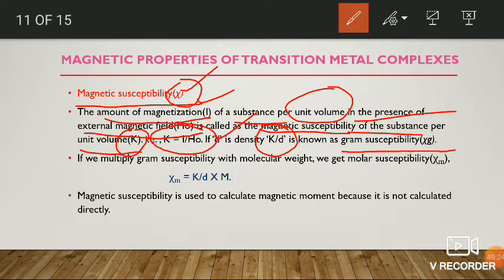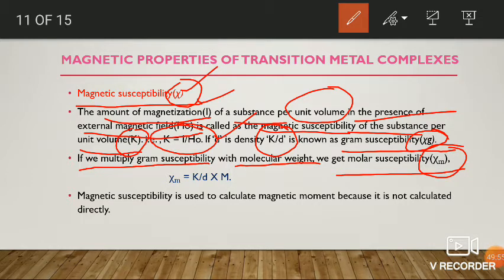G means gram, that is gram susceptibility is K by D, where K is volume susceptibility, that is, magnetization of a particular substance per unit volume in the external magnetic field. If we multiply the gram susceptibility, that is the Chi g value, with molecular weight, then we get molar susceptibility, which is denoted as Chi m.